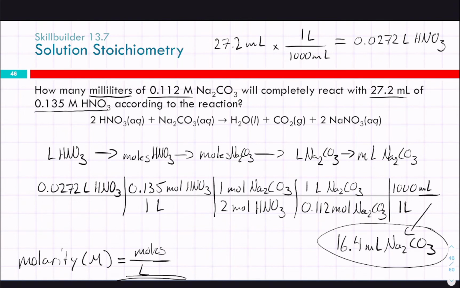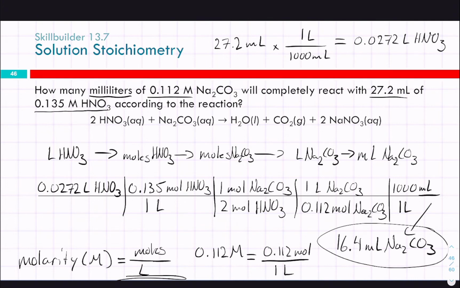So 0.112 molar equals 0.112 moles per liter. So we can take that, it's a conversion factor, so we can flip it upside down if we need to. Are there any other questions?